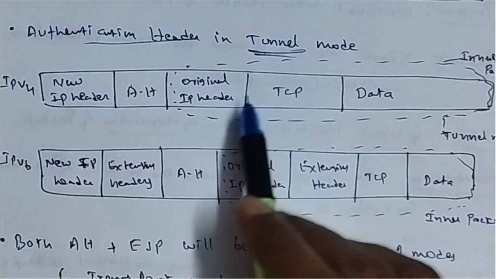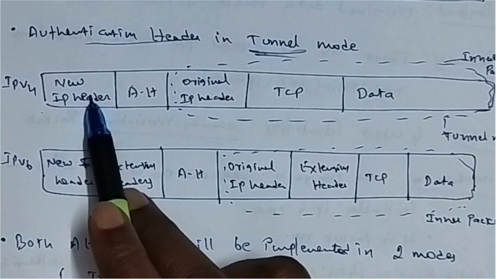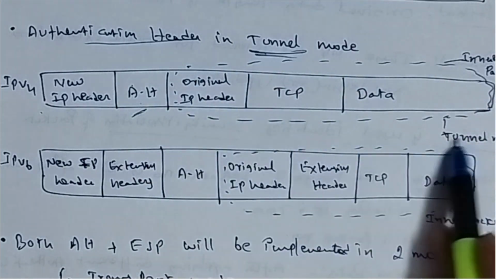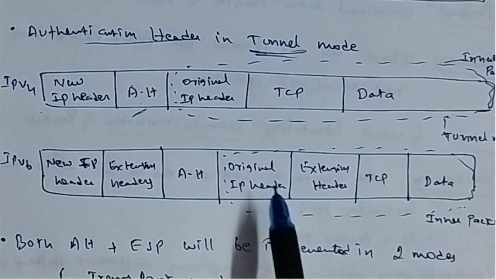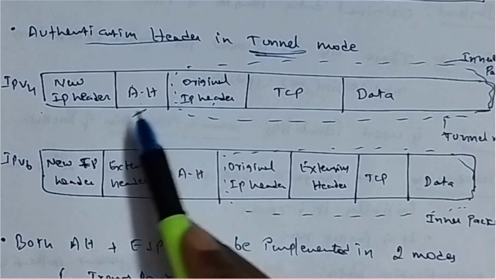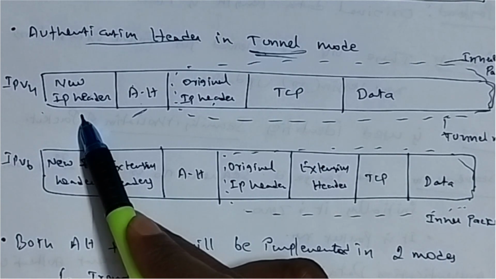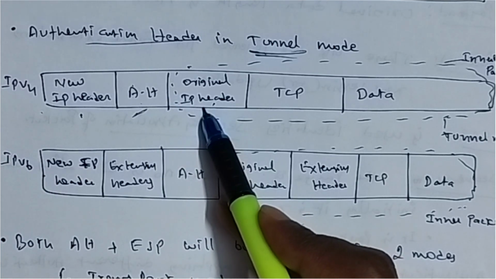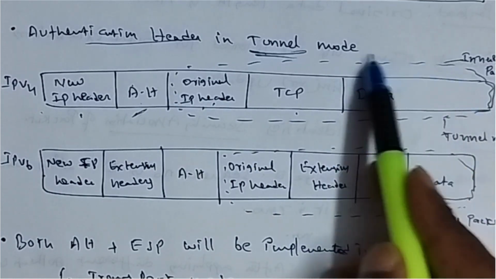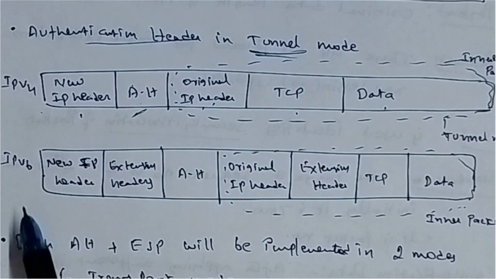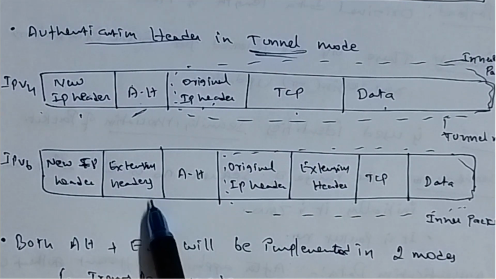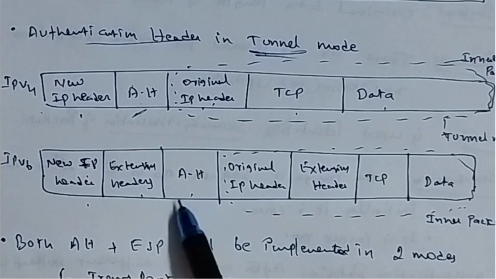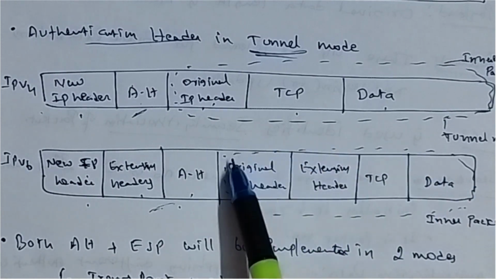In tunnel mode, for IPv4, a new IP header and authentication header are added, and all the remaining parts are the inner packet, including the original IP header, TCP and data. IPv6 is the same: IPv6 header, extension headers, authentication header. This is tunnel mode, and this is the original data packet.